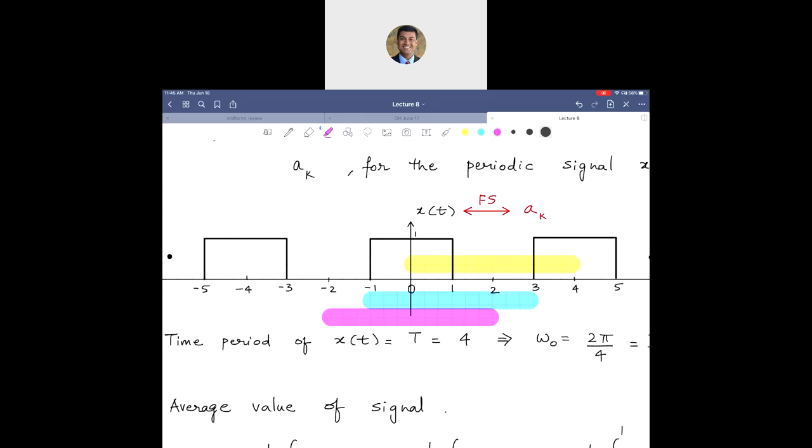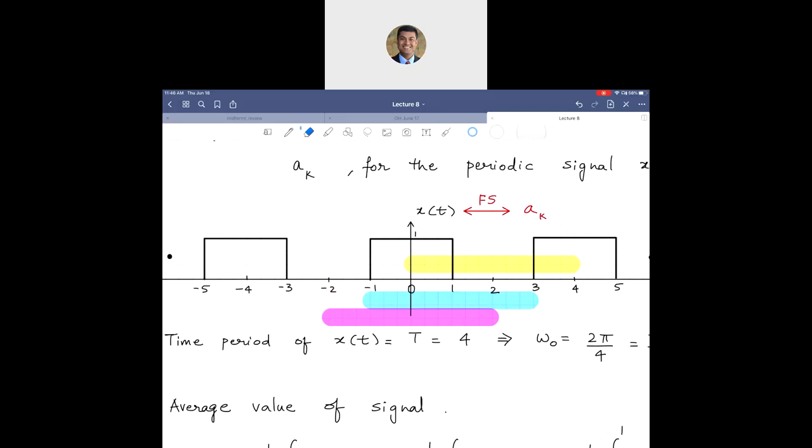One quick trick is, when you have an even signal like the one that is shown over here, symmetric about the y-axis, then you try to choose the integration limits that correspond to one time period as -2 to 2, also in a symmetric manner. That will help you simplify things much more easily.